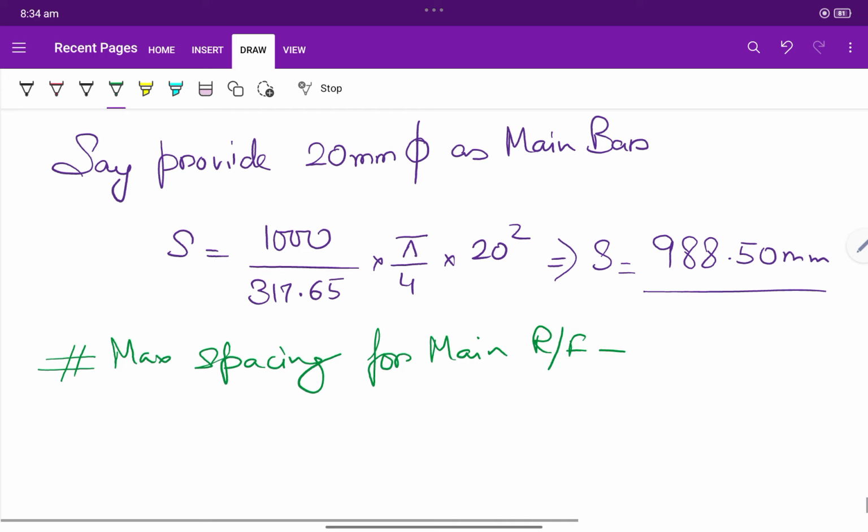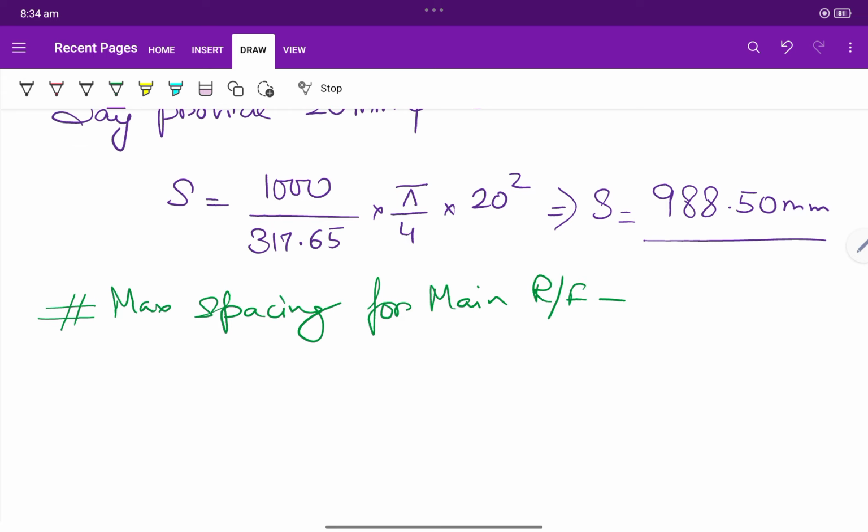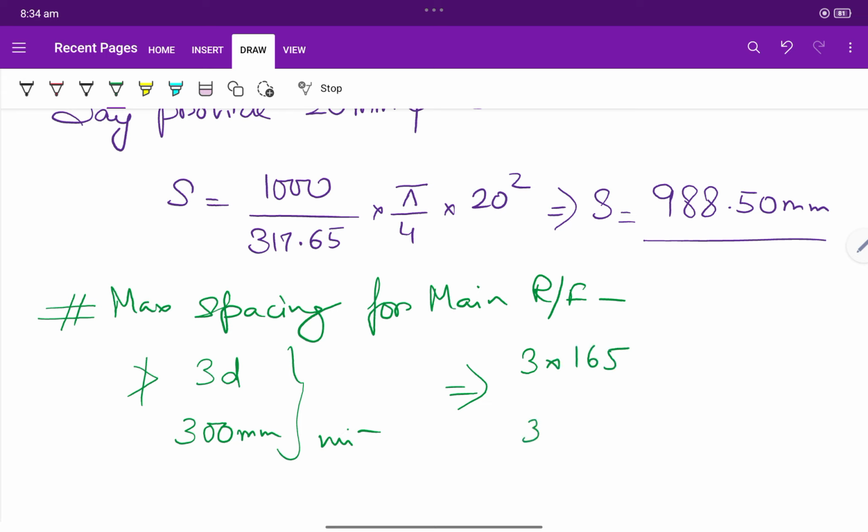Okay, so we know that for main reinforcement the maximum spacing cannot be greater than 3d or 300 mm, whichever of this is minimum. Okay, so 3 into small d is 165, and here is 300 mm, so it is coming to 495 mm.